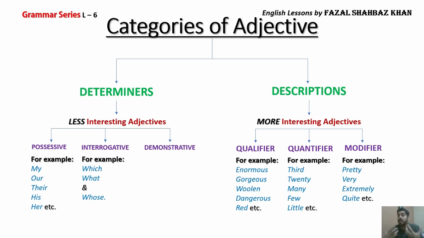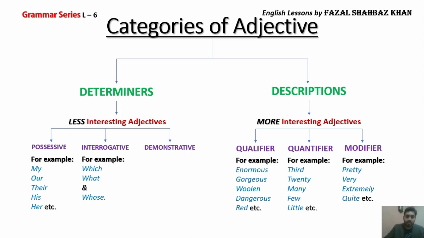So when I'm unaware of the belonging, I replace it with interrogative words such as which, what, or whose. Which way shall we go? Now way is the noun and which is the attachment describing the noun interrogatively. So this is where we can understand interrogative adjectives.